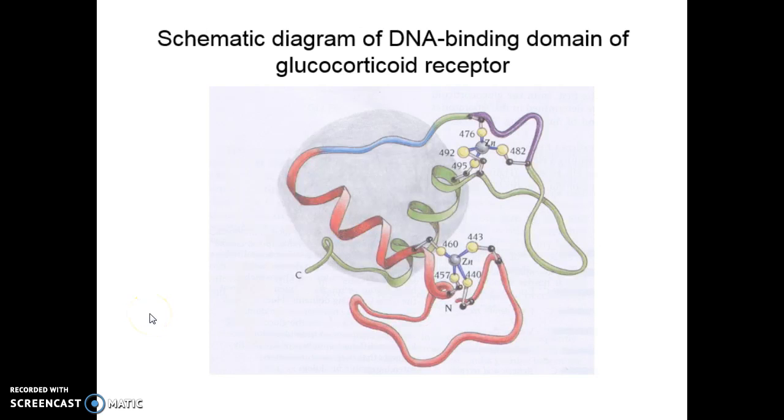This shows a schematic diagram of the DNA binding domain of the glucocorticoid receptor. Two zinc binding regions are colored red and pink, and the connecting loop in blue. Each has one alpha helix, here and here.